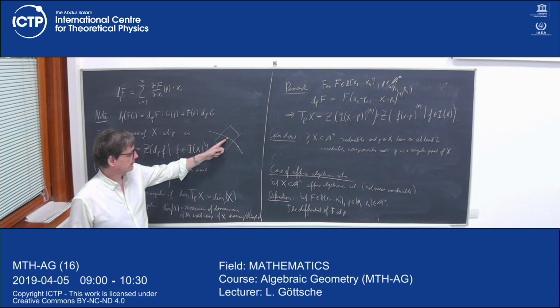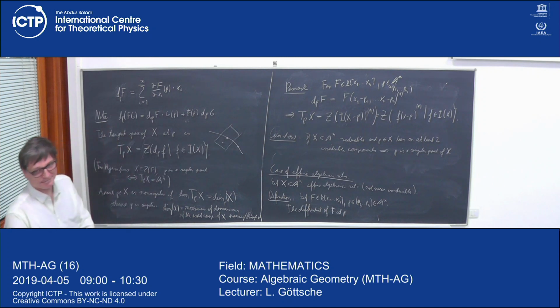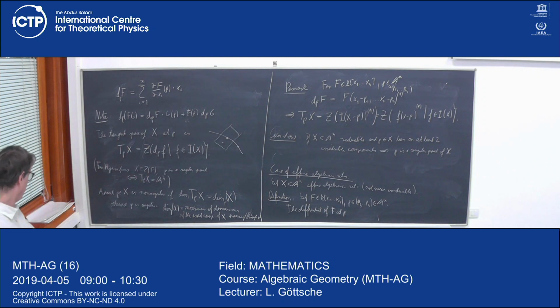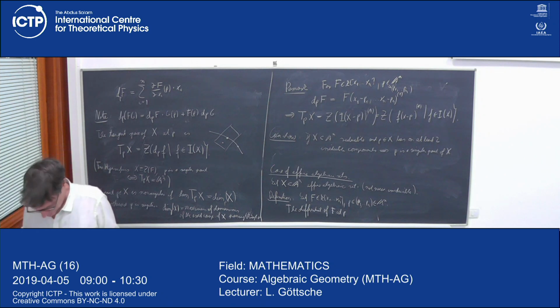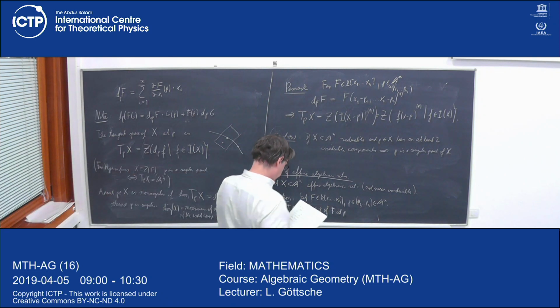So for instance, in this intersection point, the dimension of the tangent space will be at least 3.